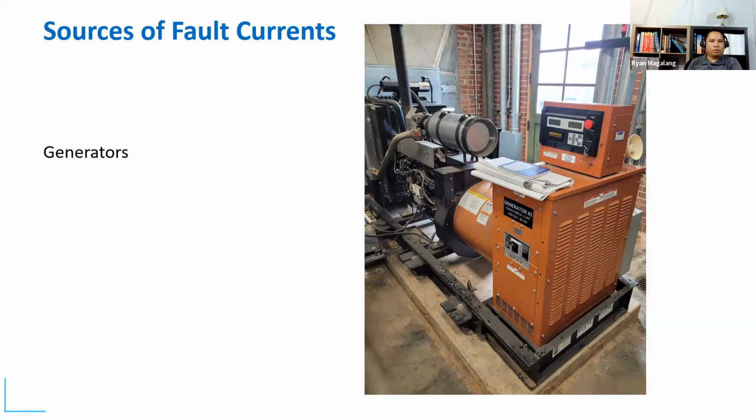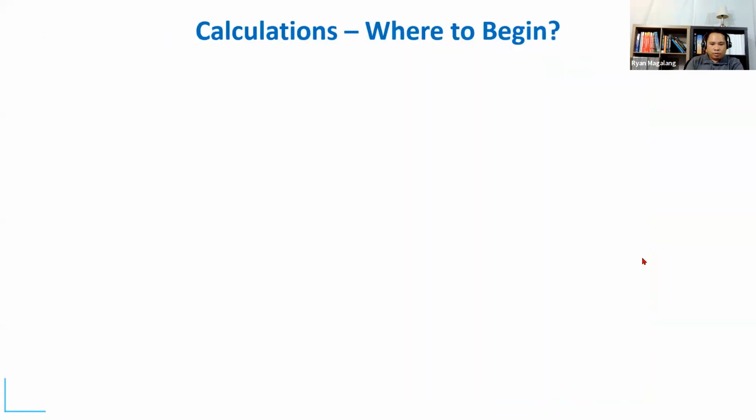A utility is just a collection of many generators. It could be your traditional synchronous generators, your solar, your wind power. Nonetheless, they are just many generators connected to the grid. But when we say generators in this context, we're referring to your local generators, such as the one we're showing here in the photo.